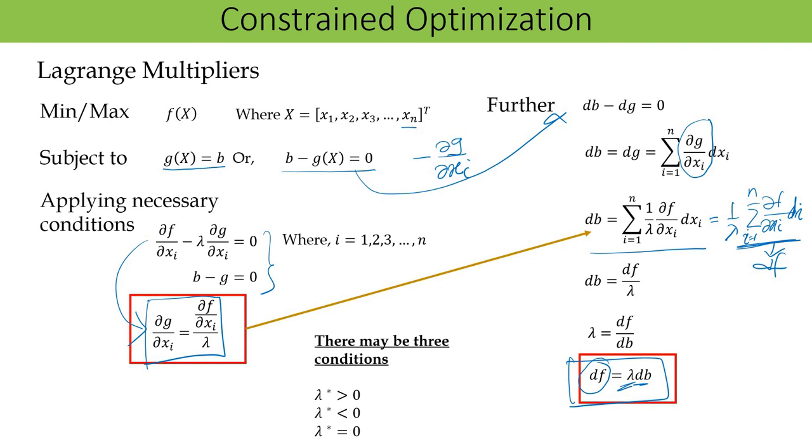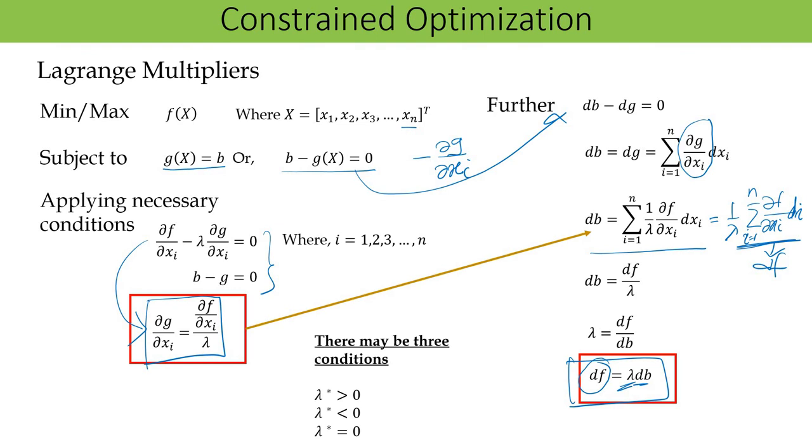If there is a positive change in b, there will be a positive change in the optimal function value. It's a direct relation. But if it is less than 0, then a positive change in b gives a negative change in the optimal function value.